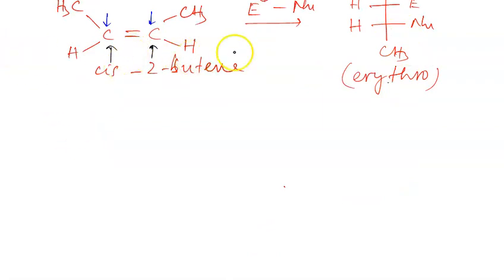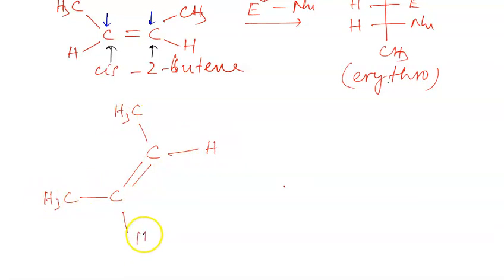Now let us see the mechanism of addition, how we will get this compound. We have the alkene like this. Because it is a cis alkene, let us keep the two methyl groups on the same side. Now the addition will take place from the same side, so let us consider this side.